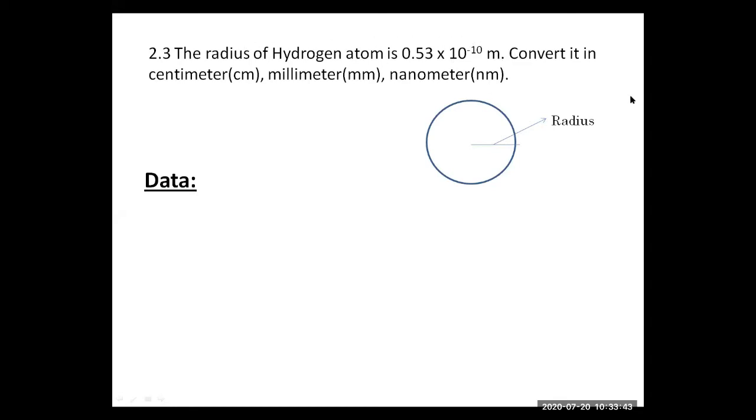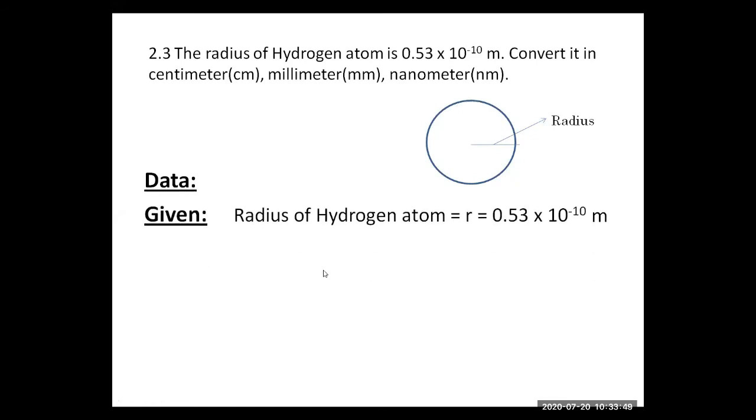This is the given, and the other one, the conversion, is said to be the required. So in given we will write radius of hydrogen atom is equal to R, and R is equal to 0.53 multiplied by 10 raised to the power minus 10 meter.